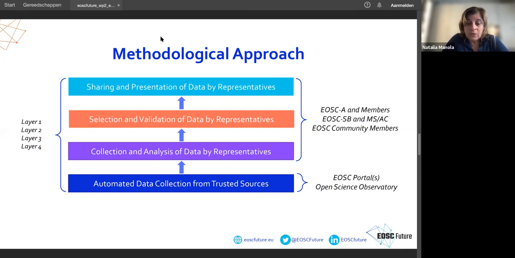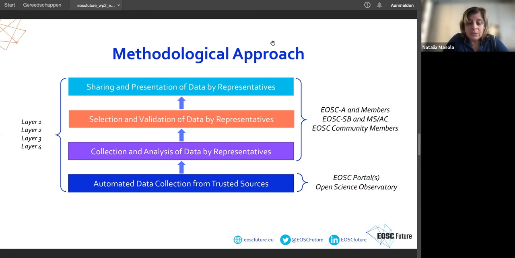So there is a discussion starting about how we can agree on common indicators about open science, and also a common methodological approach. This is work in parallel, but we are anticipating that many countries will be building their own open science monitoring systems, and we want to work with all of them.